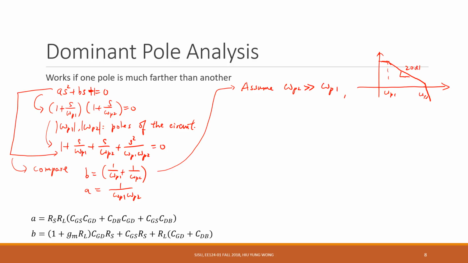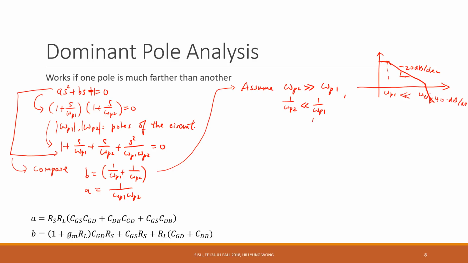This is negative 20 dB per decade, right? And here it becomes negative 40 dB per decade, right? So if omega p2 is much, much larger than omega p1, what does it mean? It means that 1 over omega p2 is much, much smaller than 1 over omega p1. What it is saying is just that the poles are very far away.